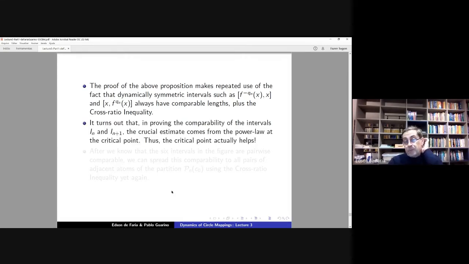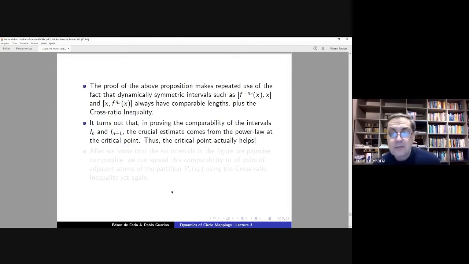Well, so the fact that dynamically symmetric intervals, intervals of this form, f^-qn of x, x, and x, f^qn of x, dynamically symmetric intervals like that, always have comparable lengths. This fact is used over and over again, okay, together with the cross ratio inequality.